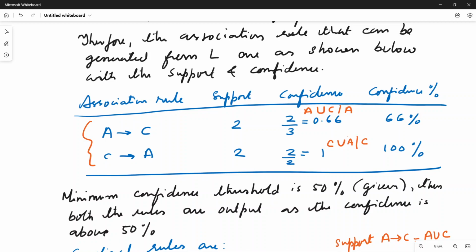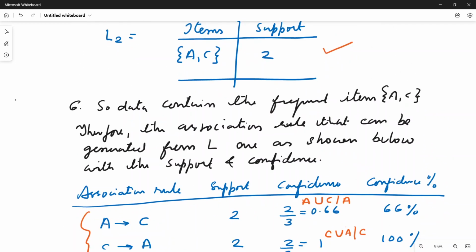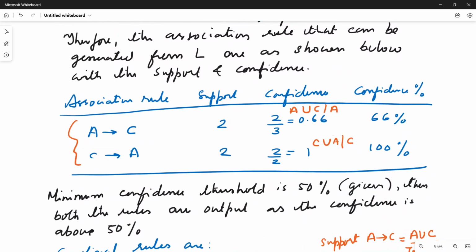If any of these rules doesn't have a minimum of 50%, then we won't be able to consider that association rule. So let us consider the A to C association rule. We already know that the support is 2, because we have already found it. So for A to C and C to A, the support is 2.